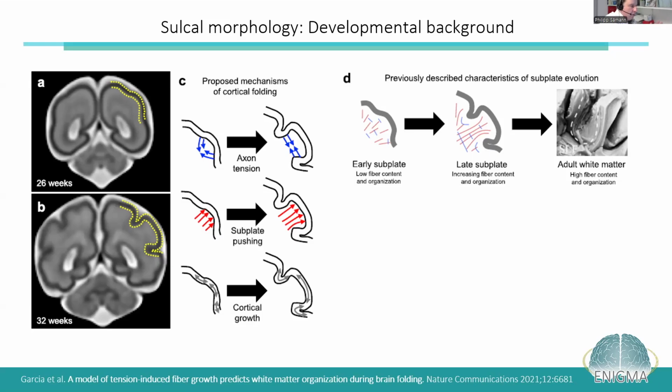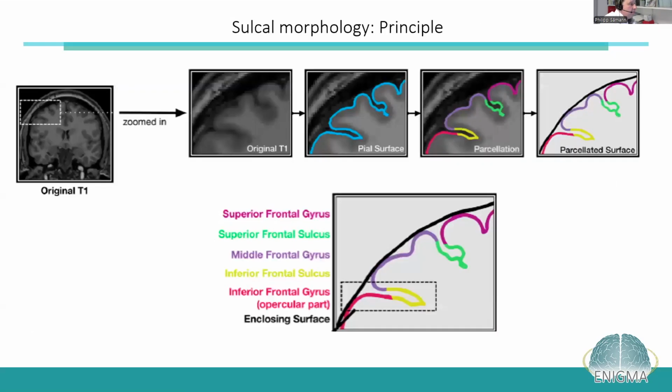So these processes are highly complex, in part genetically driven, and very phase dependent. And so people found it quite informative to also analyze these features in the brain from MRI images.